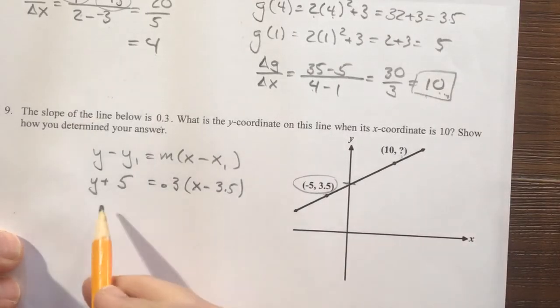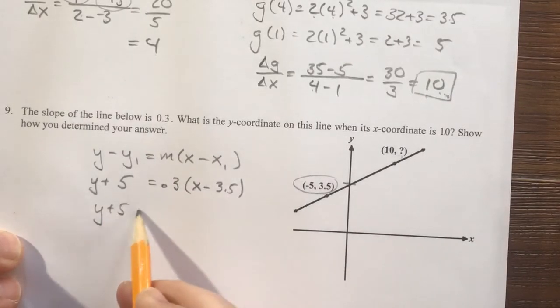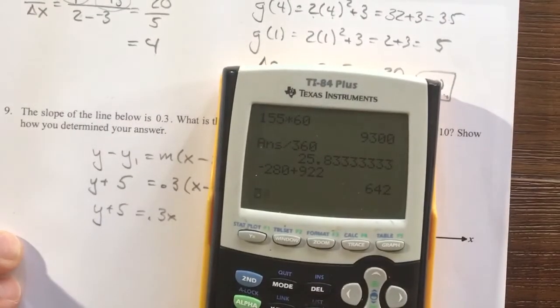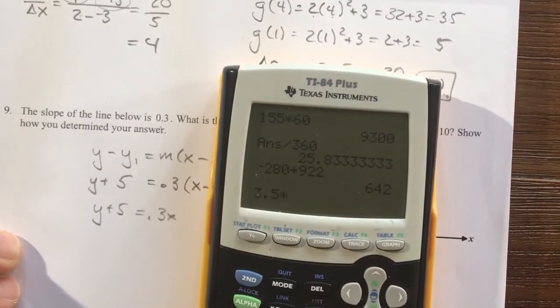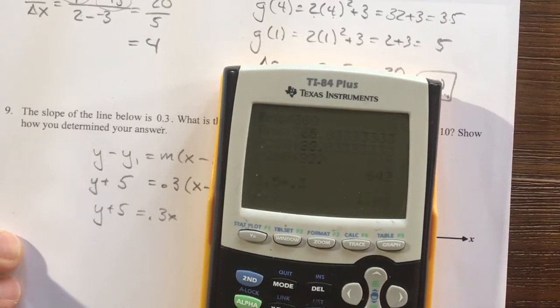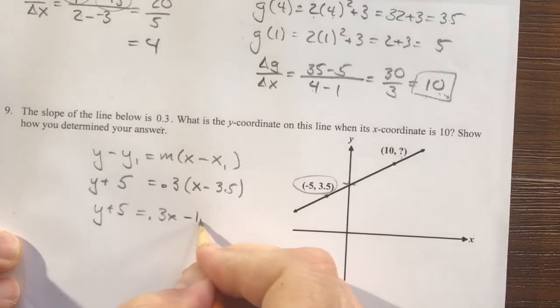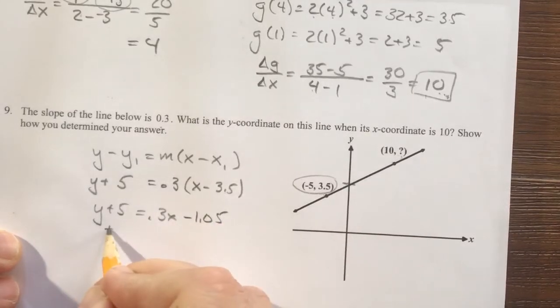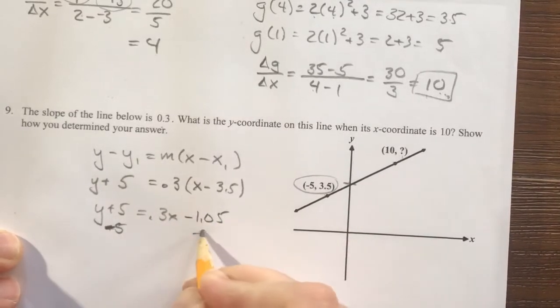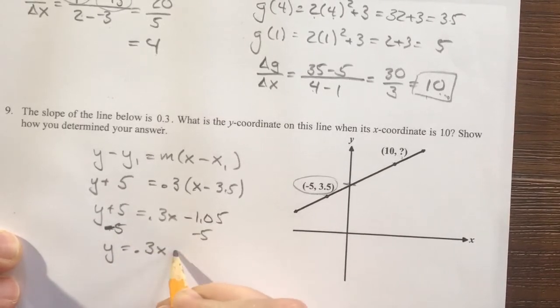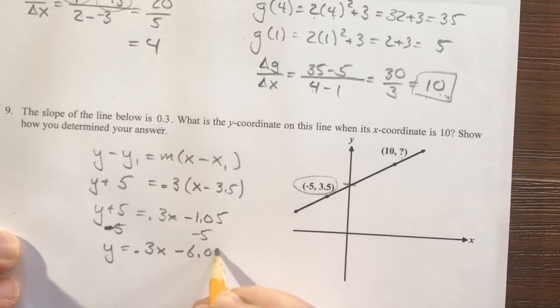I'm going to solve y plus 5 equals 0.3x. What's 0.3 times that? No idea. 3.5 times 0.3. 1.05 minus 1.05. I'm going to add, so take away 5. So here's my equation: 0.3x minus 6.05.